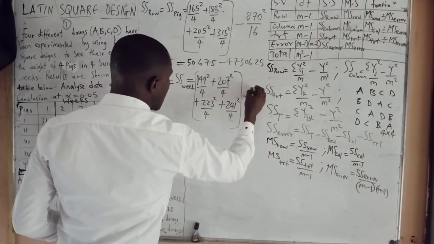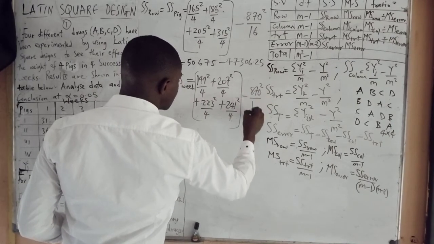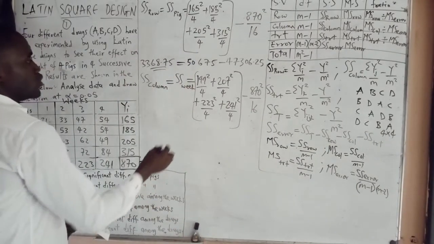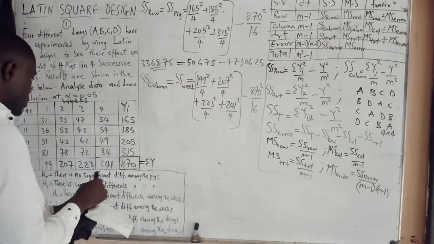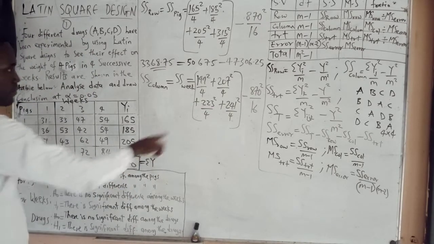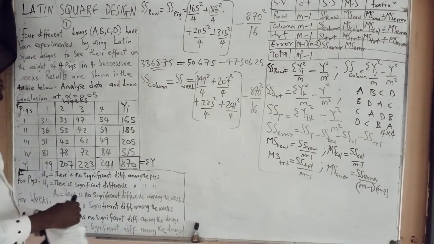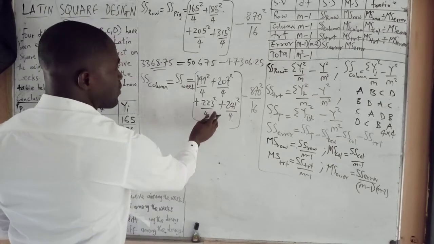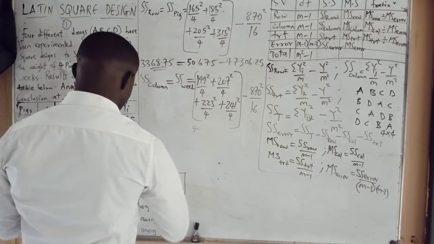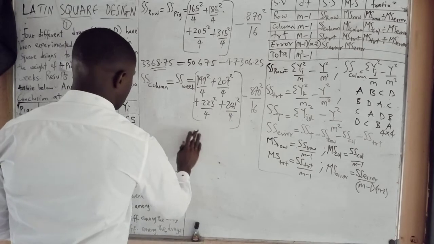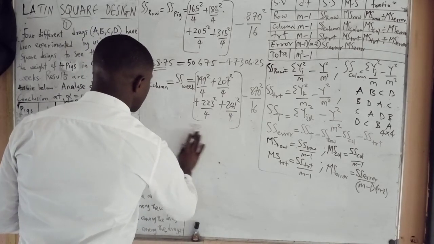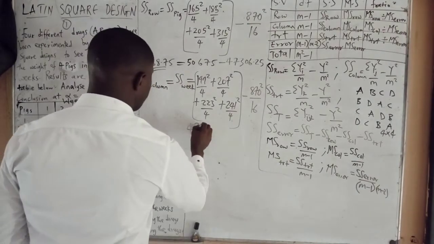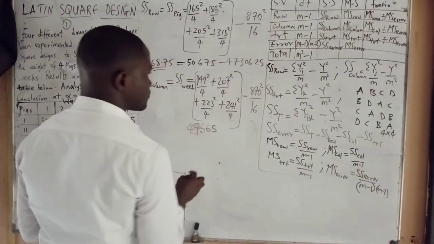minus 870 squared over 16. Okay, so once you compute this, see where we got our values from. Once you compute it with our calculator, this will be giving you 47,565.